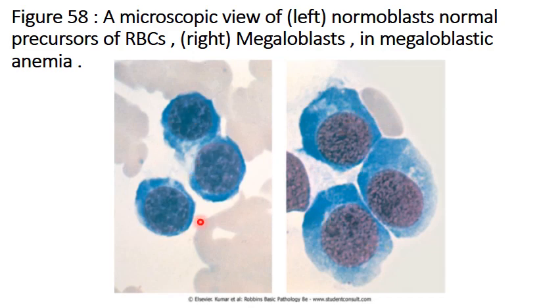Here is normal, a normoblast, normal looking, while here on the right is the megaloblast, which shows enlargement of the erythroid precursors because of the defect in DNA synthesis due to vitamin B12 and/or folate deficiency.